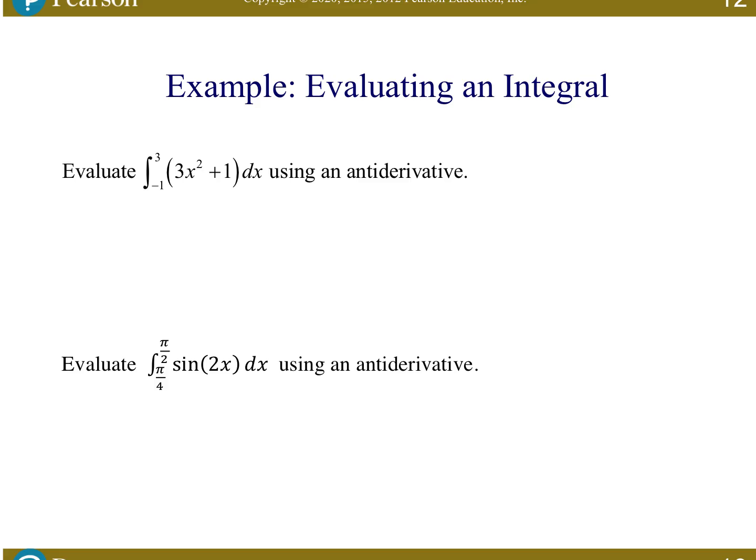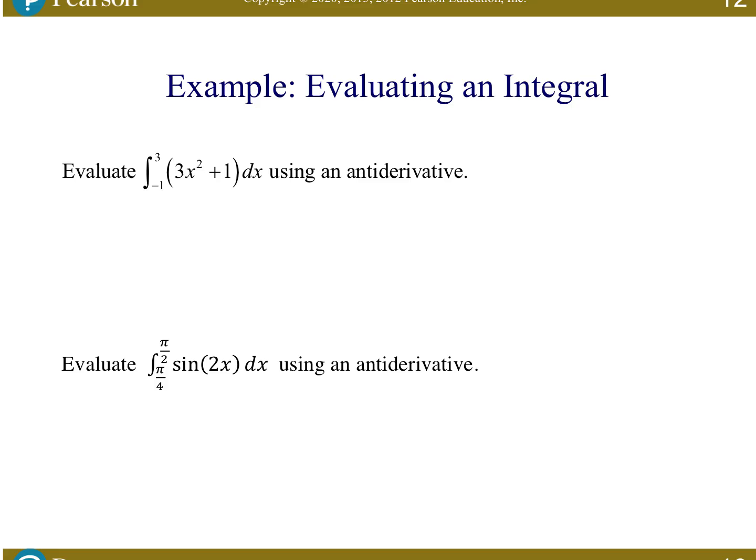Okay, let's do the next one. Oh, I don't know why I put that on there twice. Let's jump down to the sine graph. Okay, finding the antiderivative. So remember, the chain rule has to be accounted for. Because this has the 2x, normally with the derivative chain rule, we would multiply by 2.